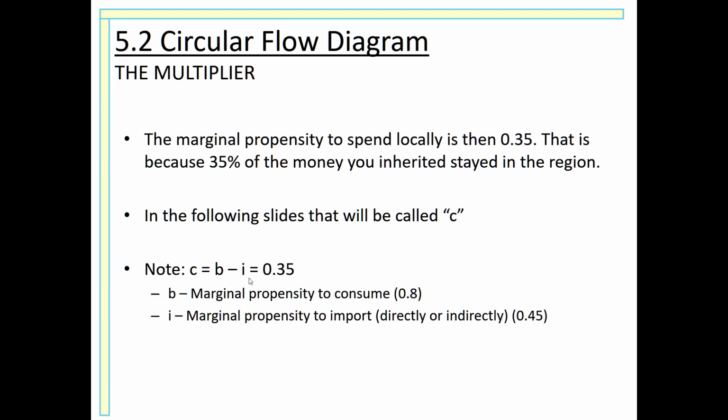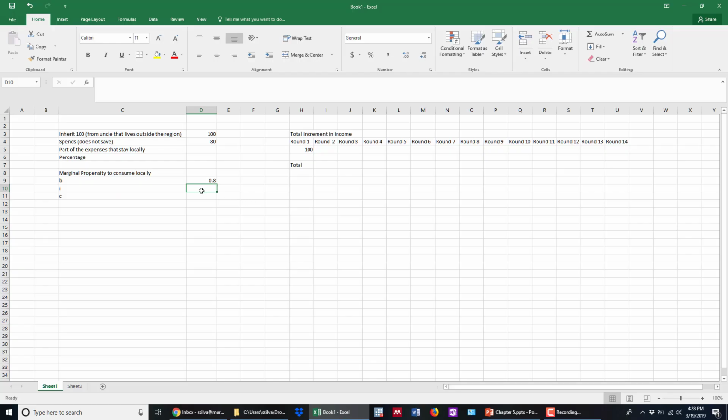Now I'm going to input that in our spreadsheet. That will be our example as well. So here we are. Your marginal propensity to import was 45%. And then your marginal propensity to consume locally was 35%.